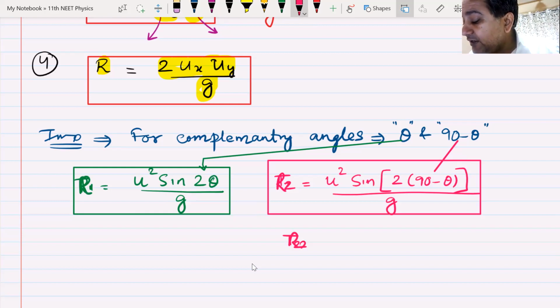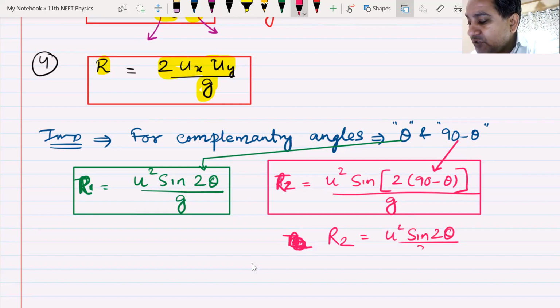Range for the second case is u square sine of 2 times 90 minus theta, which becomes sine 180 minus 2 theta. So my range for the complementary angle becomes u square sine 2 theta by g.